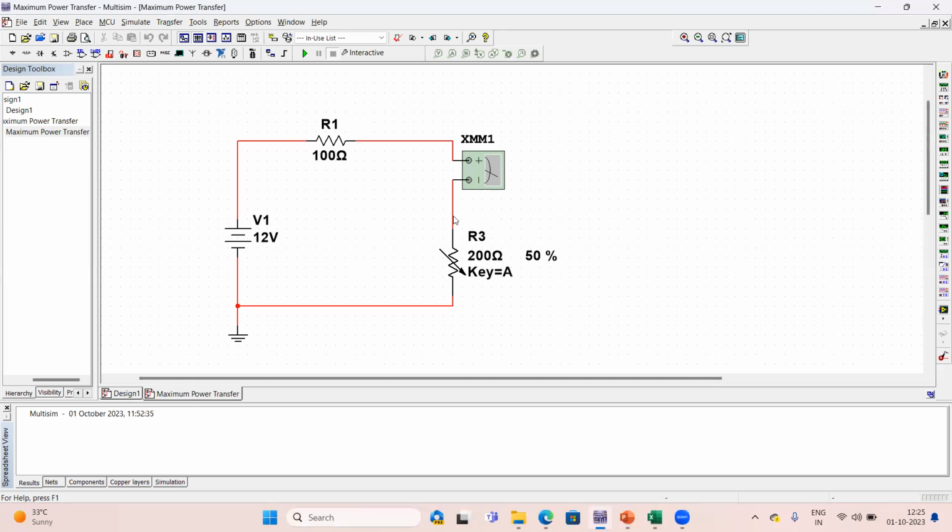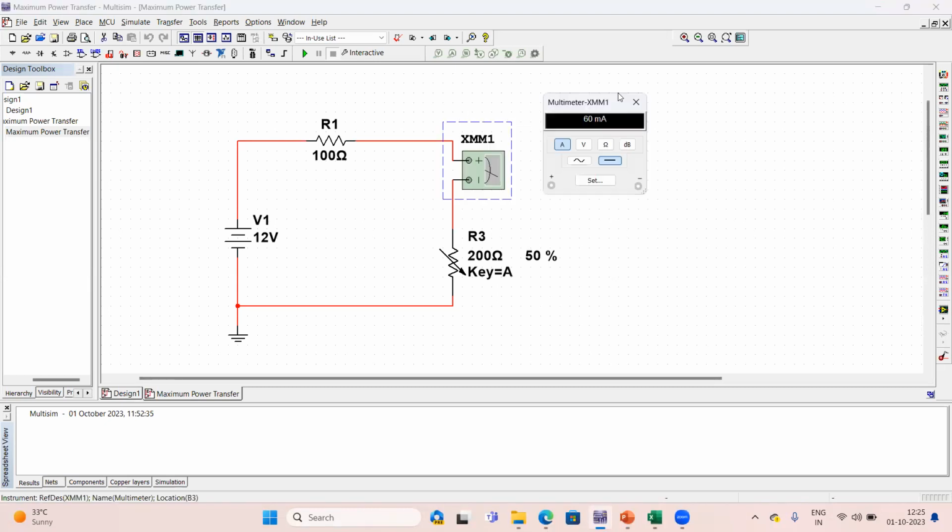Here I have connected a variable resistance as a load, whose value varies from 0 to 200 ohms, and in series with it I have connected one multimeter.